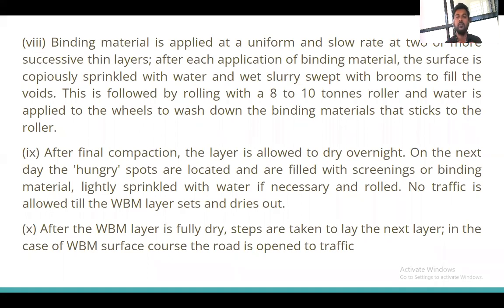After applying the binding material, it should be applied in 2 or 3 layers, and we can go with compaction of the 2 or 3 layers with 8 to 10 tons of roller. Whatever wet slurry is there after sprinkling water, we can dry it with the brooms.